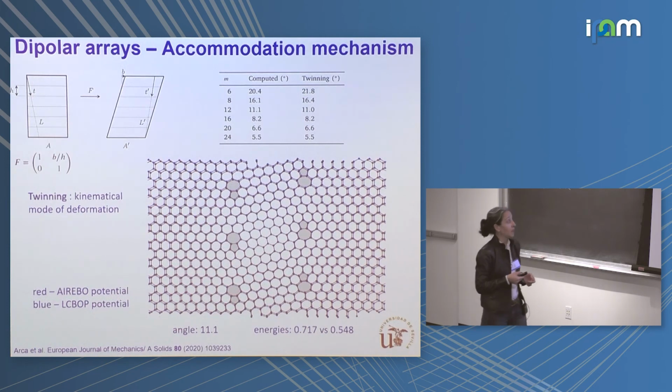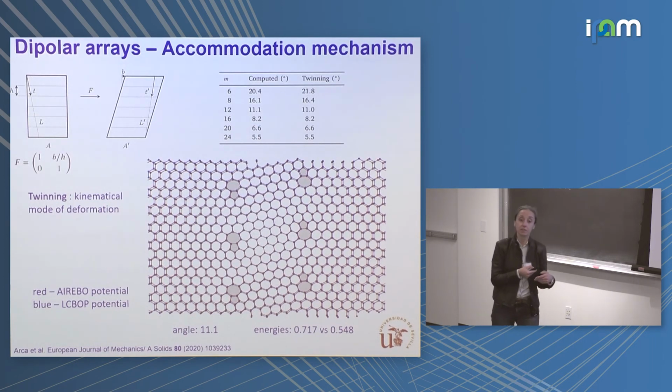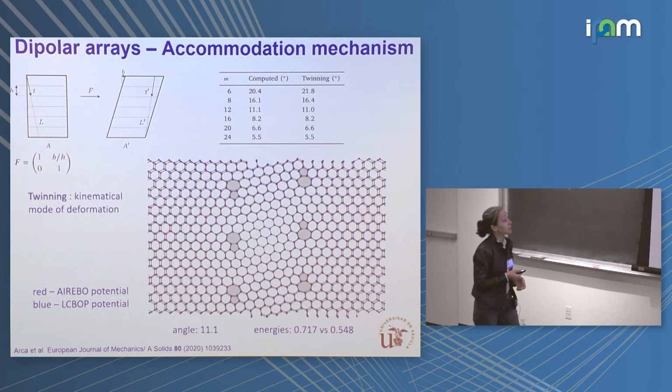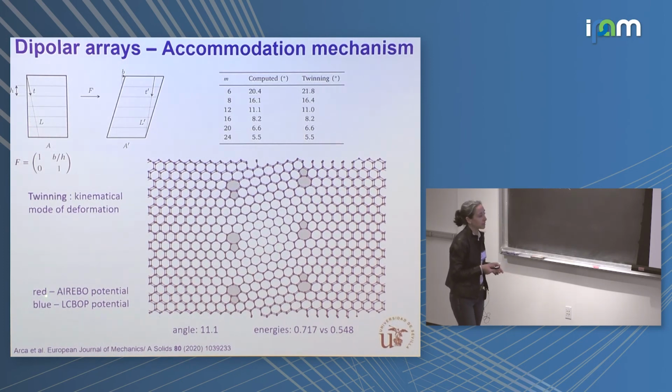But as I said, twinning is a kinematical mode of deformation, so it shouldn't depend on the interatomic potential that you are using to run your simulation. For that, we have compared the results using the Tersoff-type potential and this other Born-type potential.